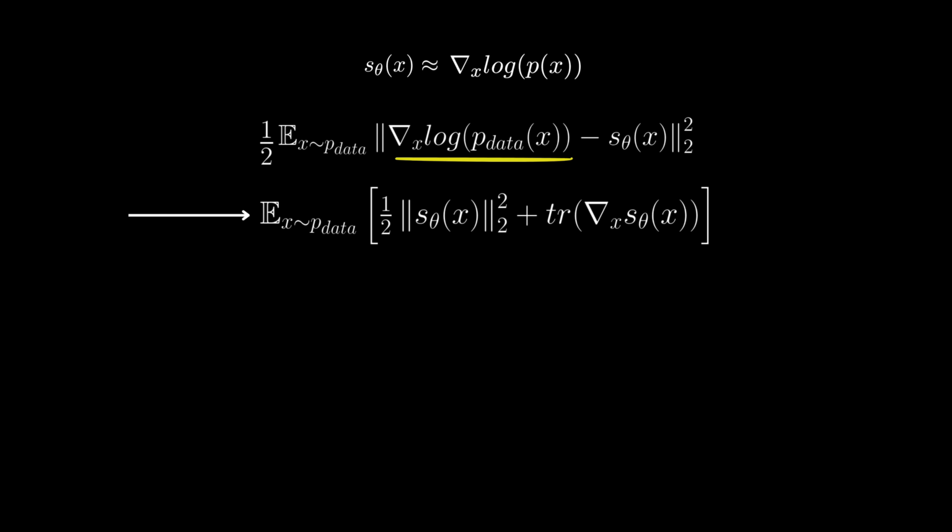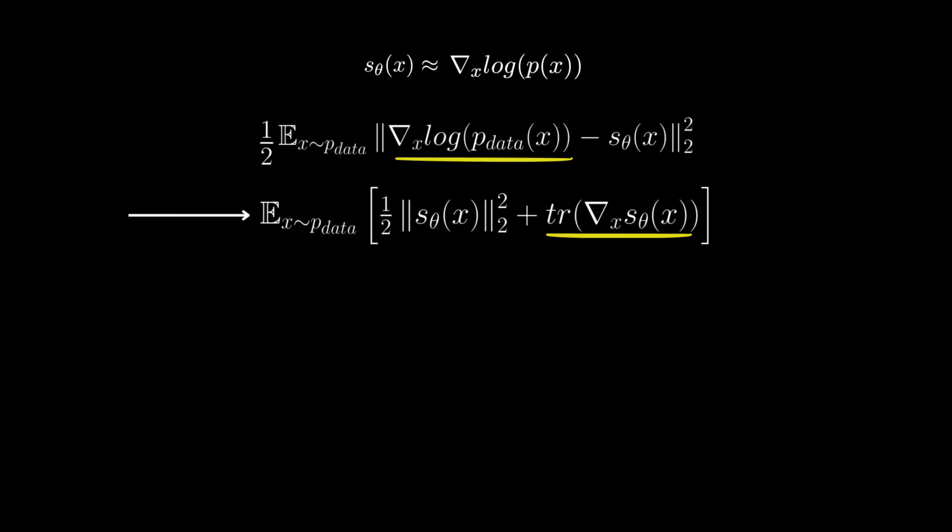And the only thing present in the objective is the score returned by our neural network for our data points. I've included one of the videos that goes through the entire proof of this in the description. So if you are interested, you can take a look at that. While this expression is something that we can work with, here also the second term ends up being computationally very expensive, especially as the dimension of the data that we are working with increases.